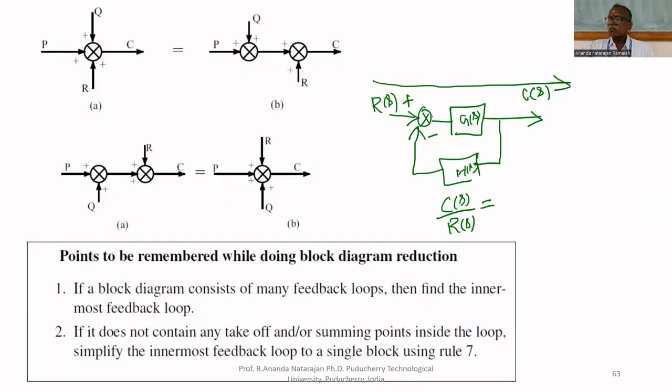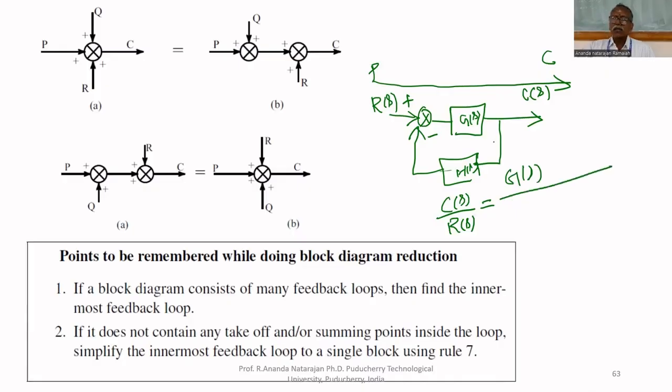Suppose I am in Pondicherry and I want to go to Kadalur, this is the forward path. Then coming back to Pondicherry is the feedback path, returning back. What elements are in the forward path? Only G of S. That is in the numerator.